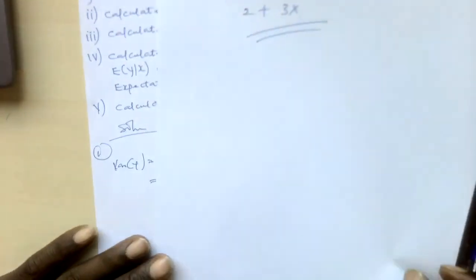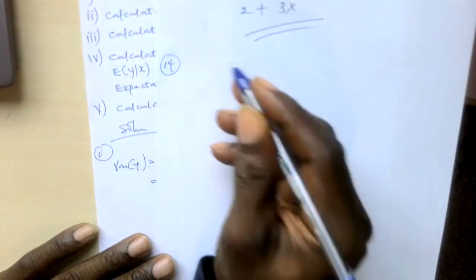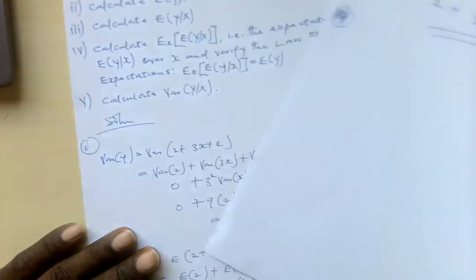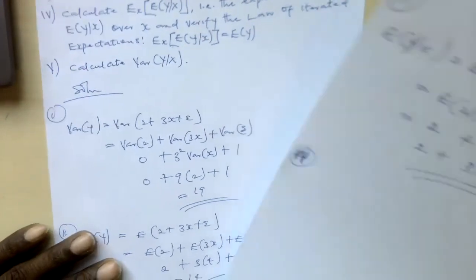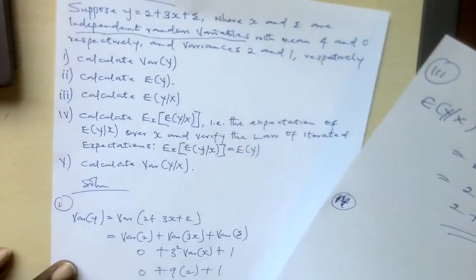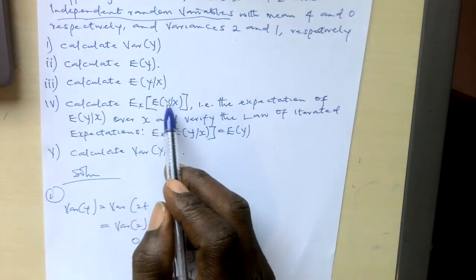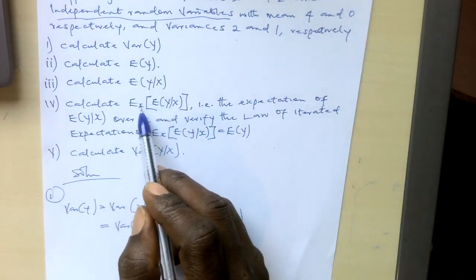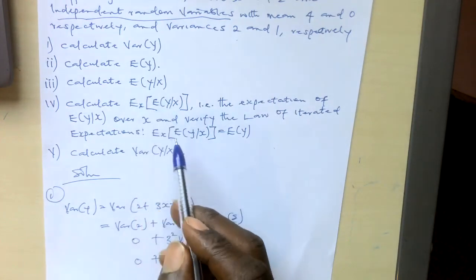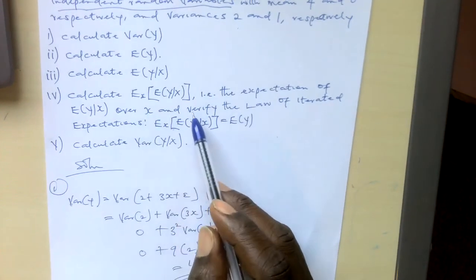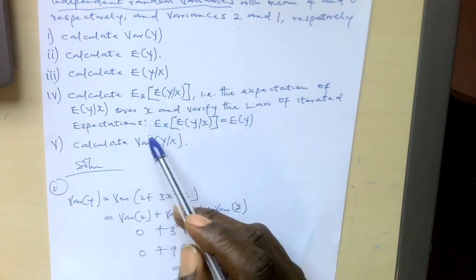So now let's go to 4. Oh, sorry, 4 iv. So 4 iv asks us to calculate the expected value of this guy across x, just like what we did before, the expected value of the expected value of y given x, and verify the law of iterated expectation.